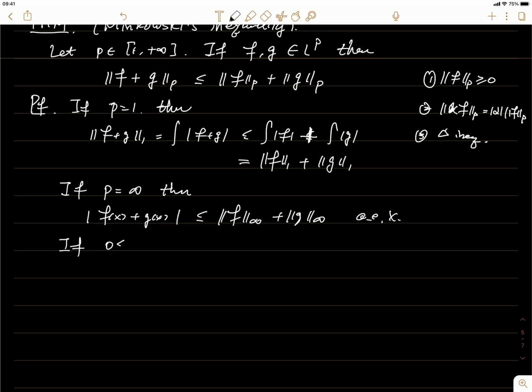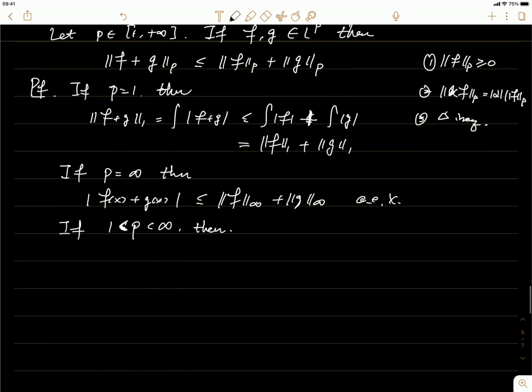And if p is between 1 and infinity, then let's consider the integral here. So this is the p-th power of the p-norm of f plus g, right?